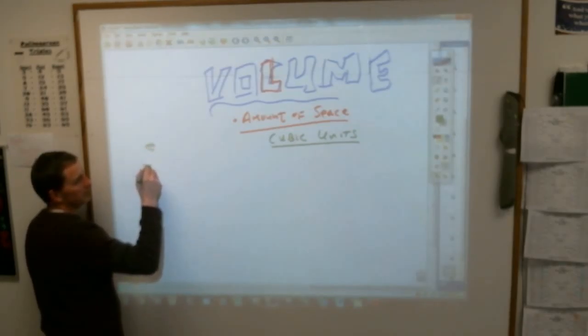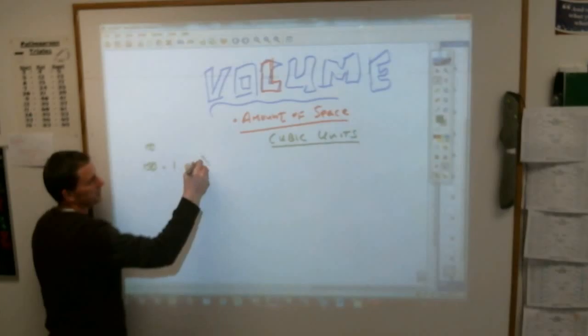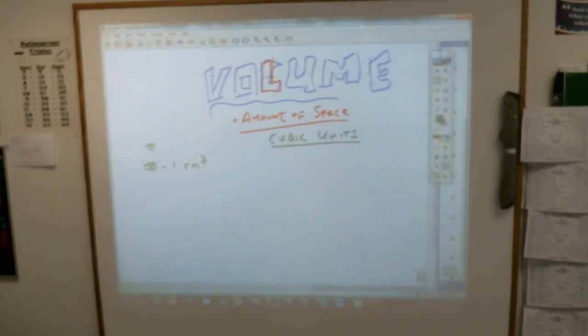See if I can get it. That's about 1 centimeter cubed, and you can put that little 3 up there. I've got one here. Somewhere here is a cubic centimeter.